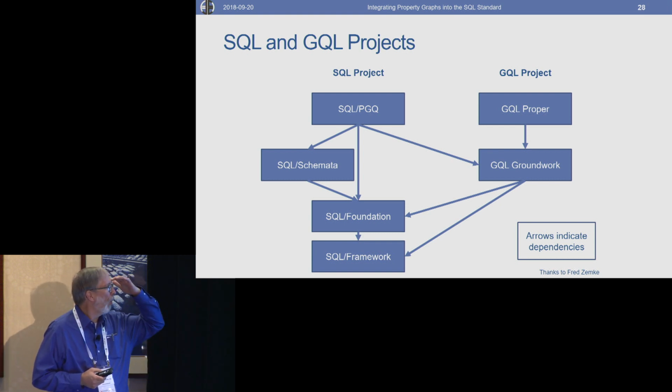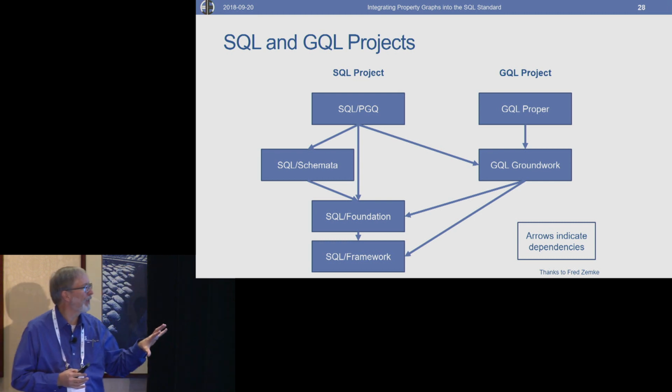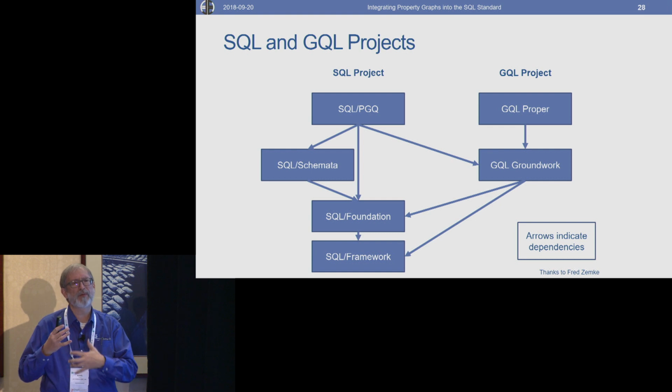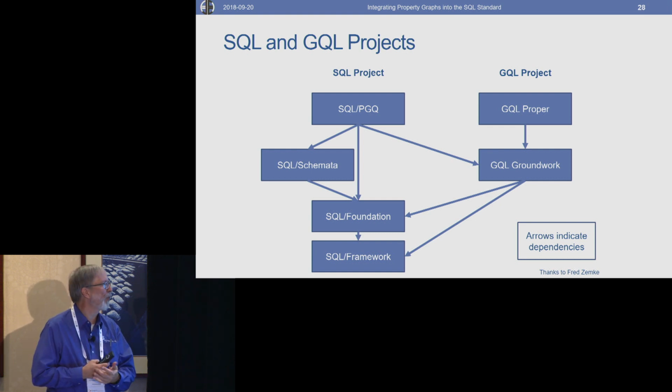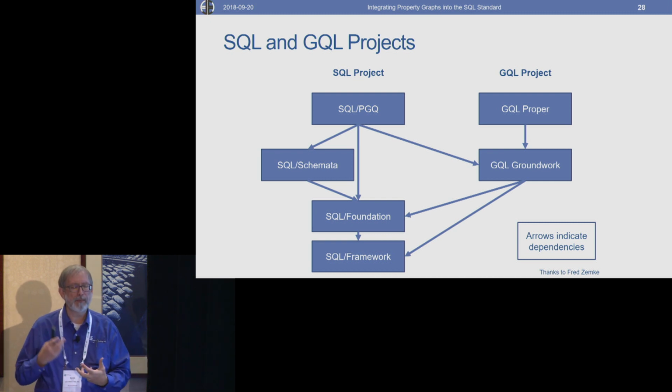And so the thinking at the moment is that there'll probably be a part that is sort of the framework for GQL, the groundwork, that is common information that's common both to the SQL PGQ part and to the GQL proper.